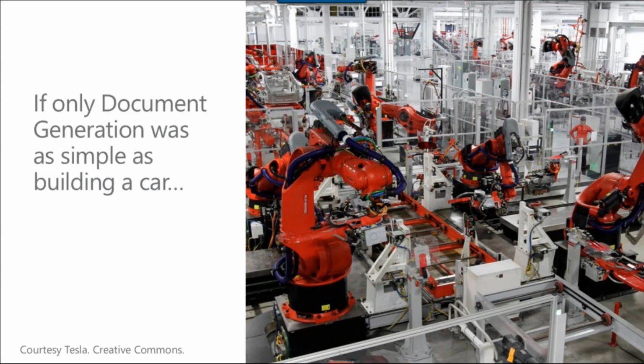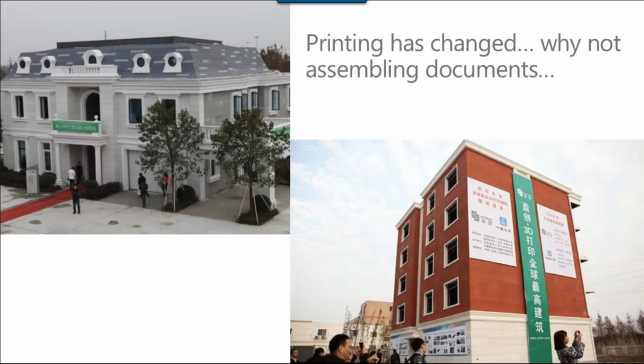If document generation was as simple as building a car, that kind of idea. You see these images here? A 3-story apartment building that looks like a normal building. It was printed. I don't know if you guys have seen those videos of the printing of buildings. That's no longer just a prototype or somebody's idea.